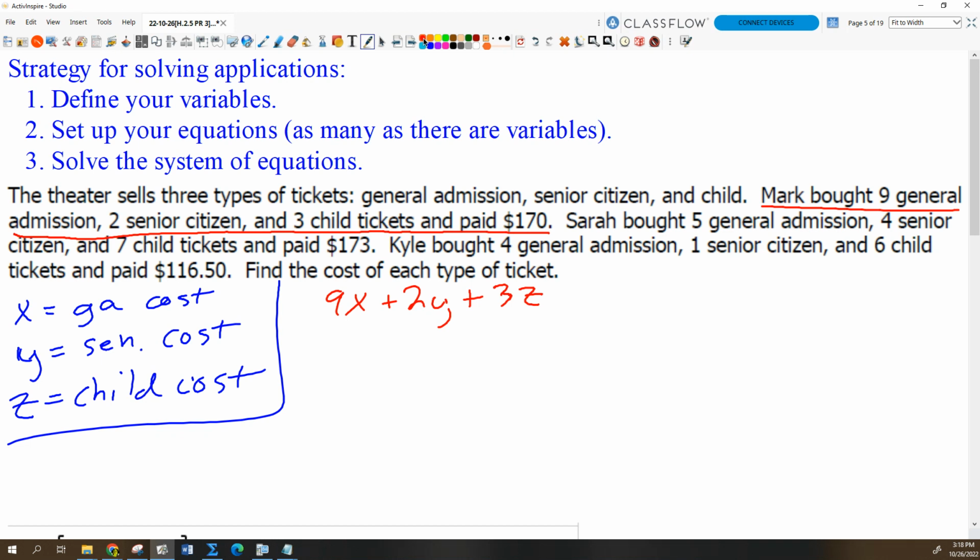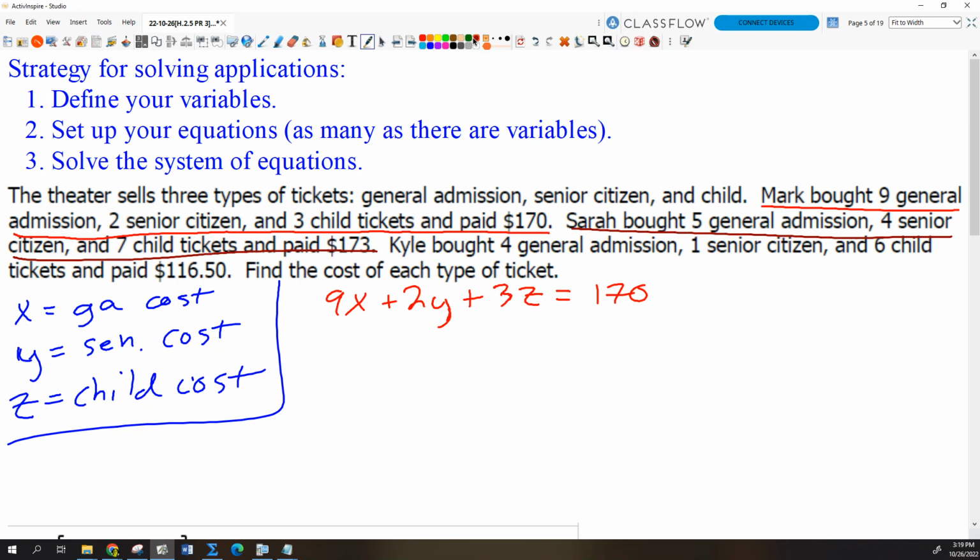Okay, but now does everybody see why? Doesn't 9x represent the cost of all of the general admission tickets? If they're x dollars apiece and we're buying 9 of them, well, yeah, 9x is how much we're paying for general admission, et cetera, right? So this is going to be a pretty straightforward one, isn't it? We're going to have these 3 different permutations.